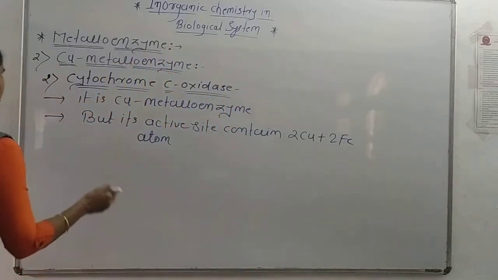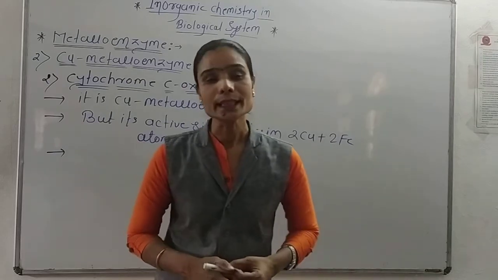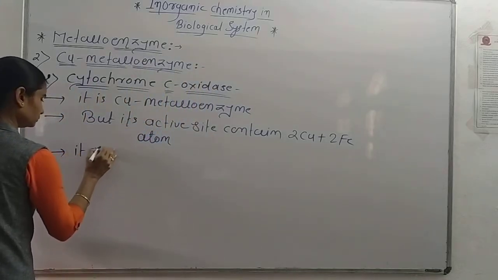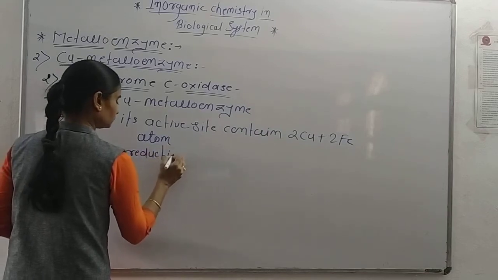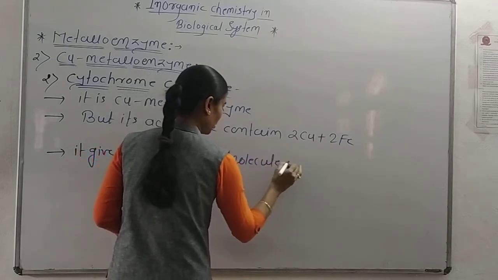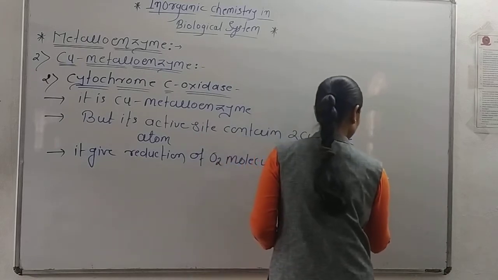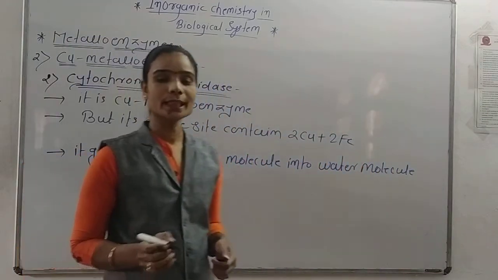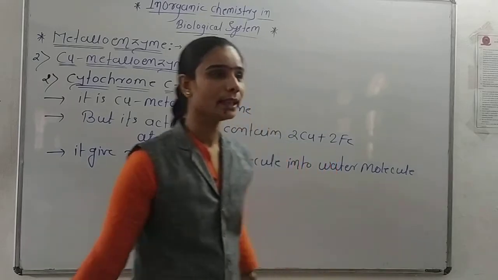Now, the function. The function of cytochrome C oxidase is that it gives the reduction of oxygen molecule into water molecule, meaning the oxygen molecule is converted into water molecule.